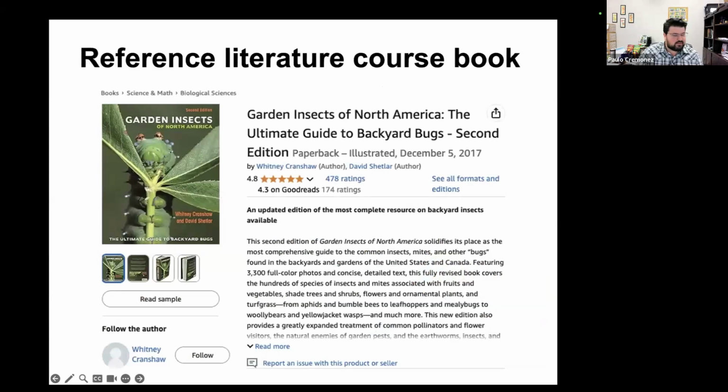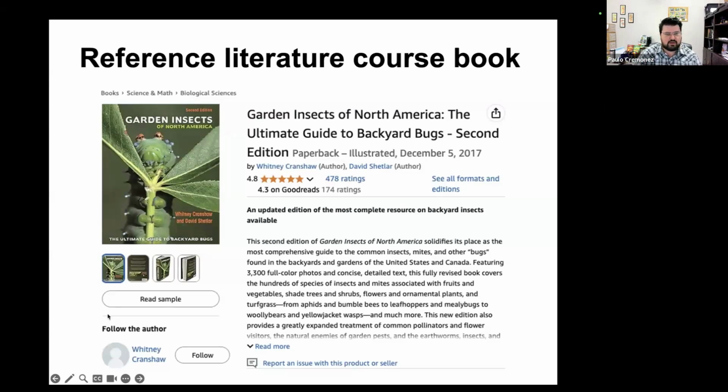For this particular class, I am using a very good reference, a course book. This is absolutely not an ad, but this is the book I use. Garden Insects of North America is very updated and very didactic. It is a very large collection, and you have information for identification and basic management of these pests.